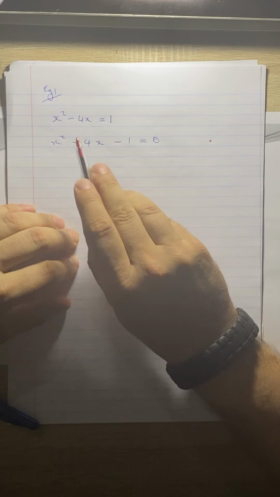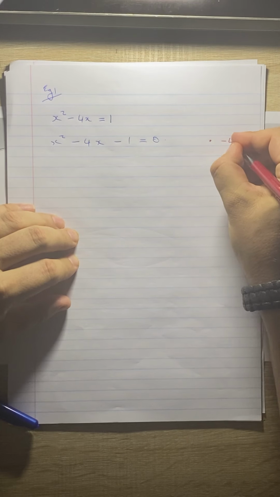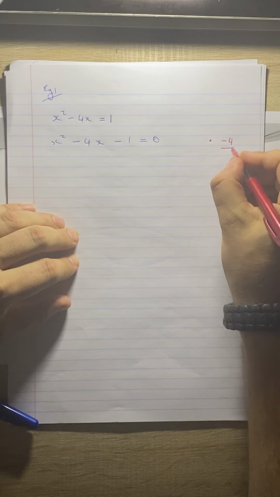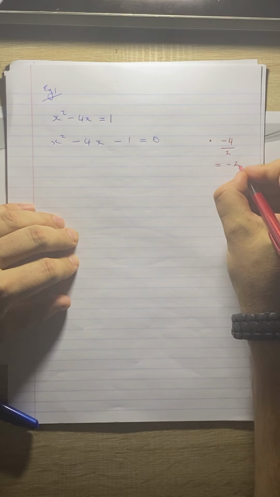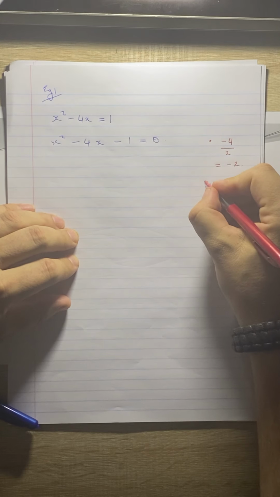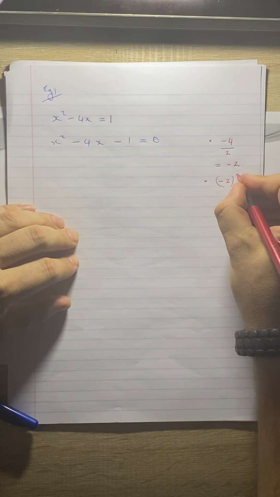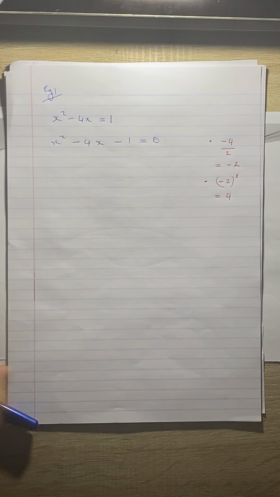So here's our x, and the coefficient here would be minus 4. And what we're going to do with that minus 4 is take half of it, and that will give us minus 2. The next thing we're going to do is take that minus 2 and square it, and we get 4, okay?